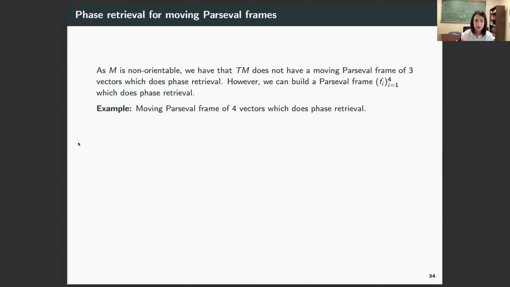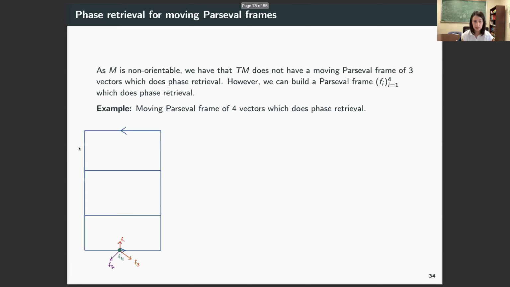An example of that would be kind of the same with the 3 or 4 vectors here, where you start with F4 being the 0 vector, and then F1, F2, and F3. And I'm moving in three steps.